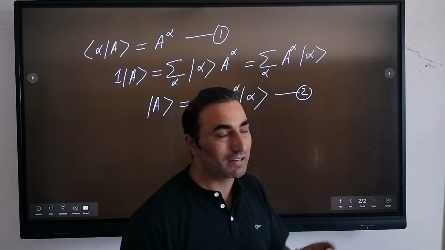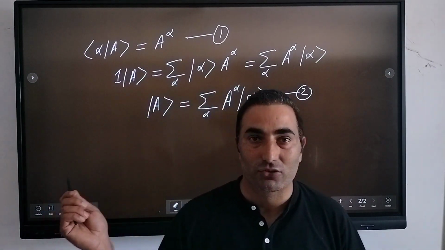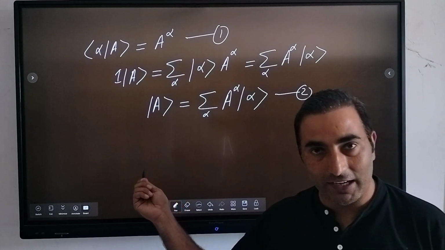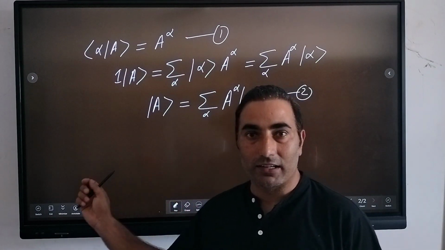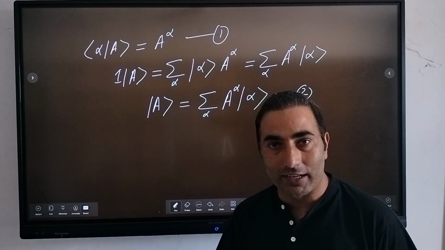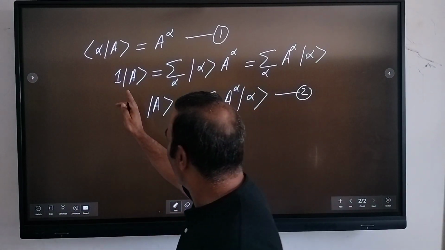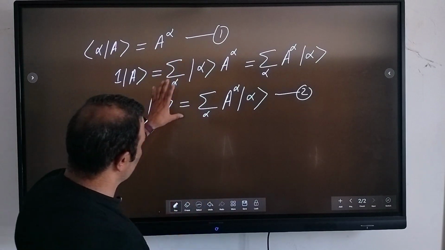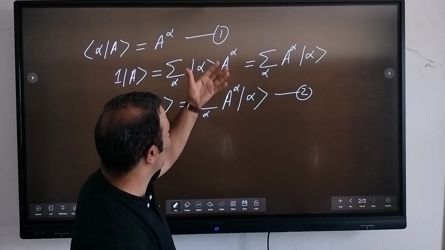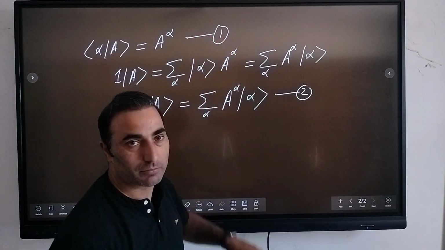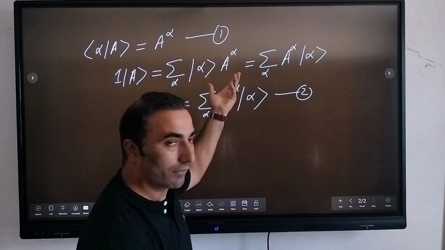Like if it is I with A, it gives you the AI component, or AX component. And if you take J with that vector A, it gives you the AJ component, right? And similarly, comparing equation first with equation second, you can say that this is the reverse or reciprocal of equation first, right? So it tells the reverse of that.